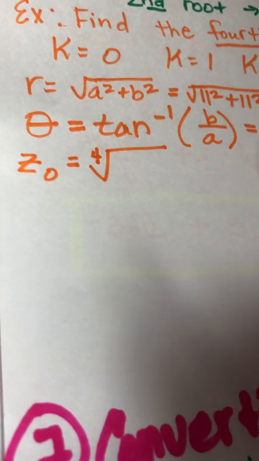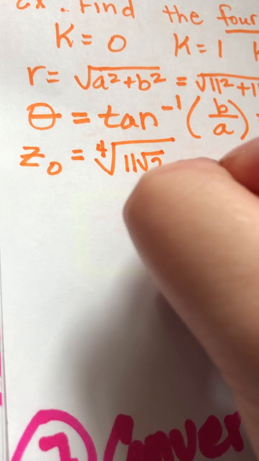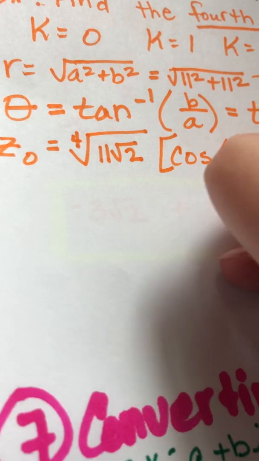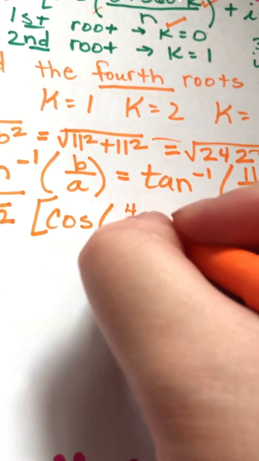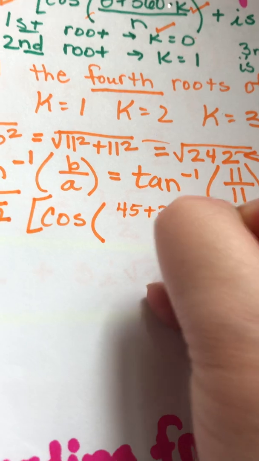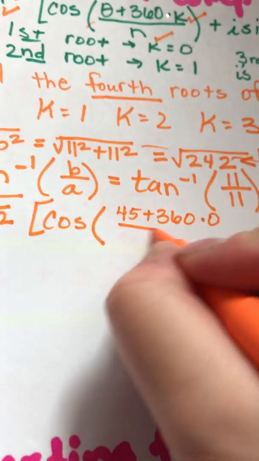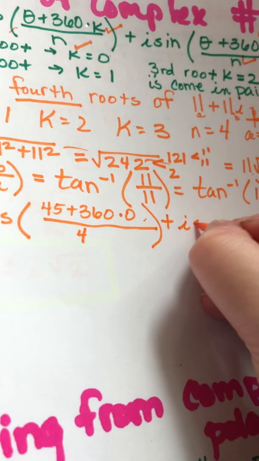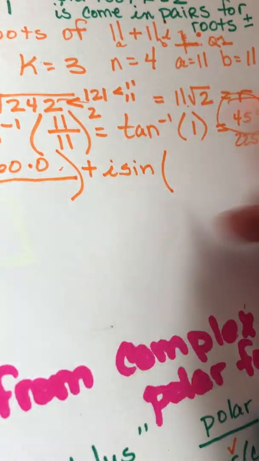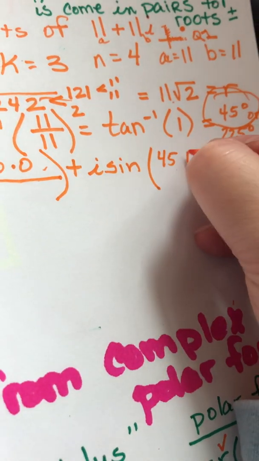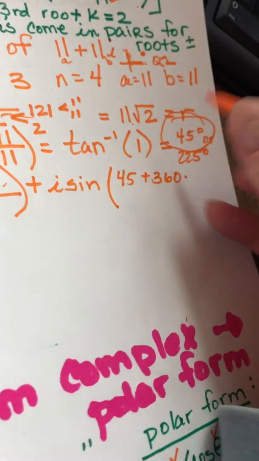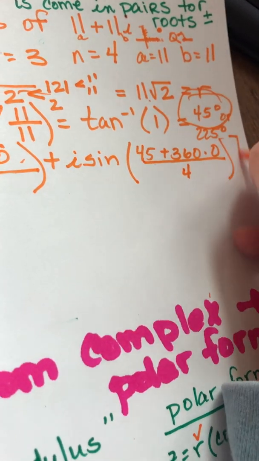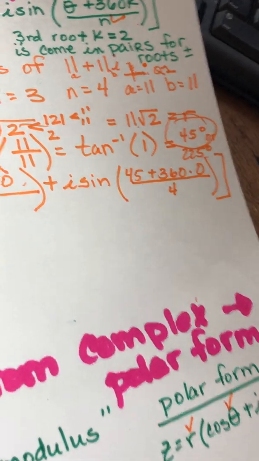The r is 11 square root 2, awkward, bracket, cosine, parentheses, theta, 45 plus 360 times k, 0, all over n, 4, plus i sine, parentheses, theta, 45 degrees, plus 360 times k, we're still using 0, all over n, which is 4.